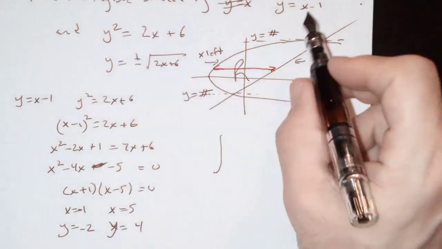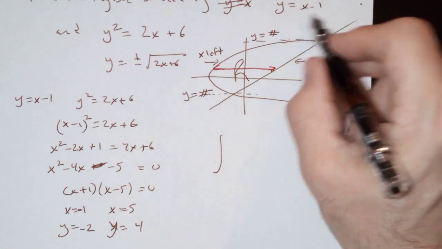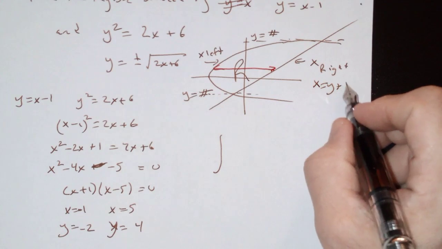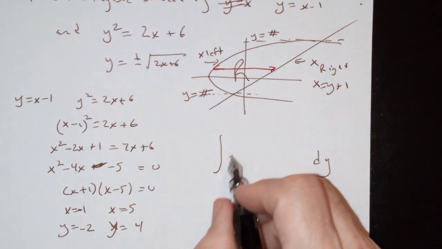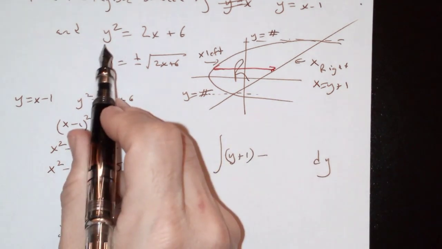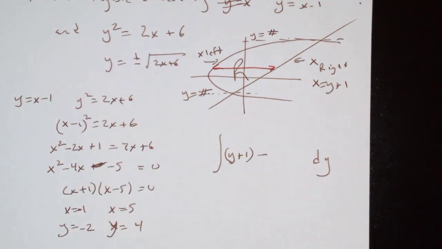I need to rewrite this equation. This equation is the right equation. That's the line. So I write it x equals y plus 1. I need to do the same thing with this equation and write it as x equals.